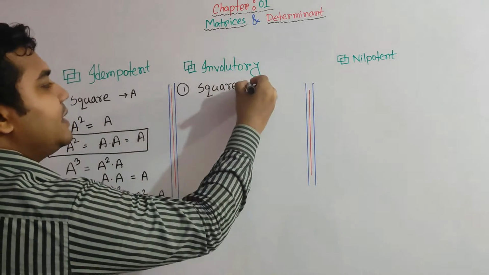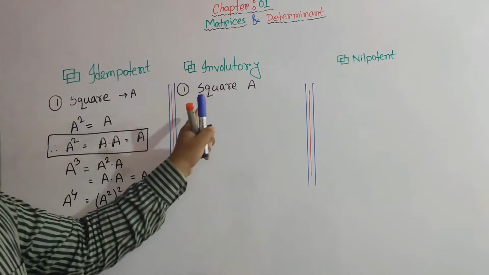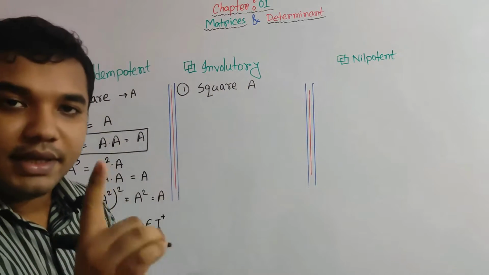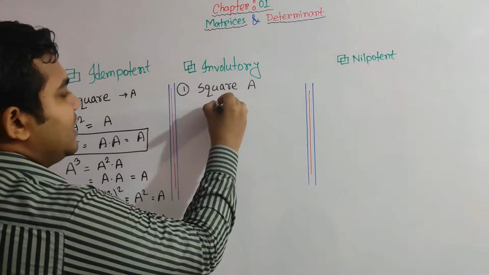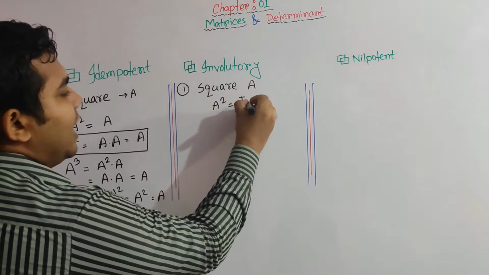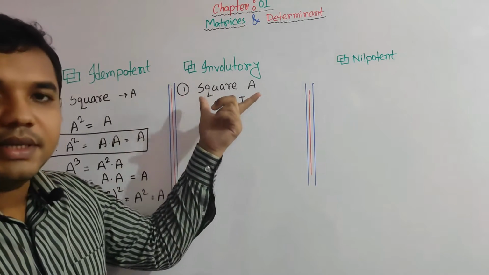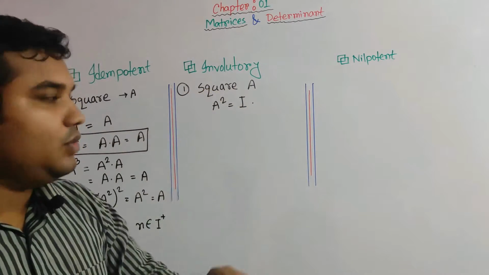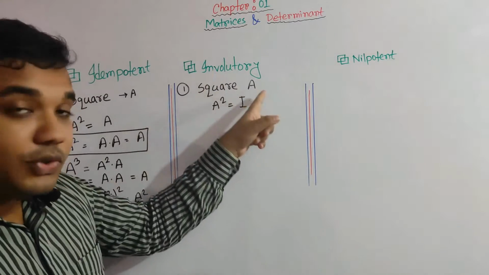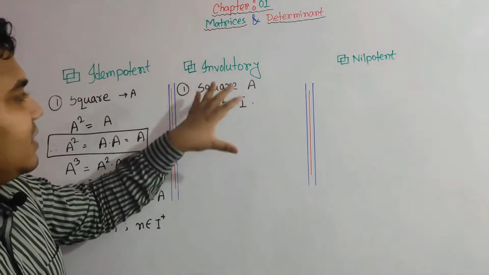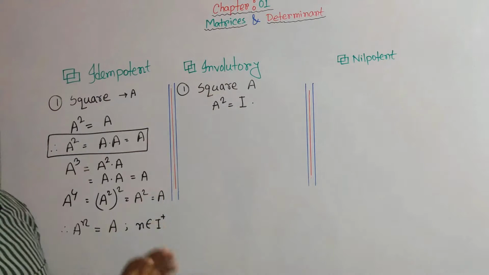Suppose a square matrix A is said to be involutory if A square equals I. So in the case of involutory, A square equals I.